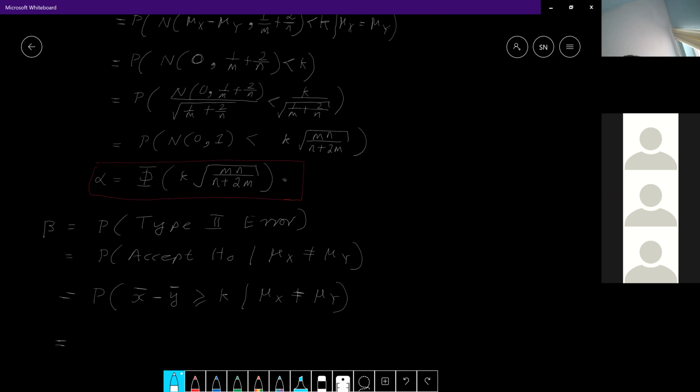I'm going to use the property which I mentioned a few minutes ago, that x bar will have this following distribution, and y bar will have this distribution.